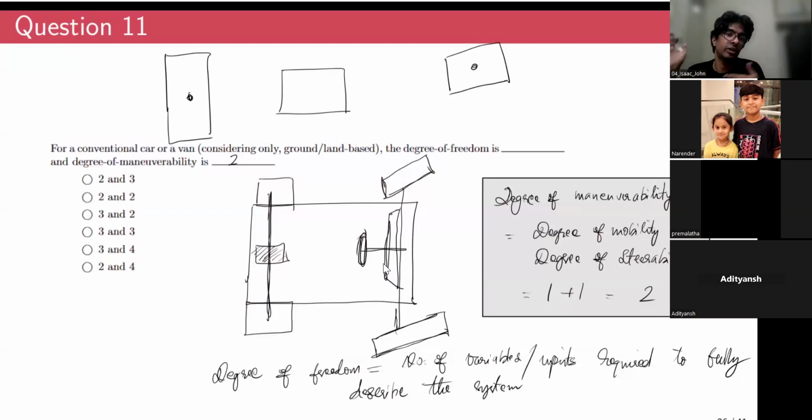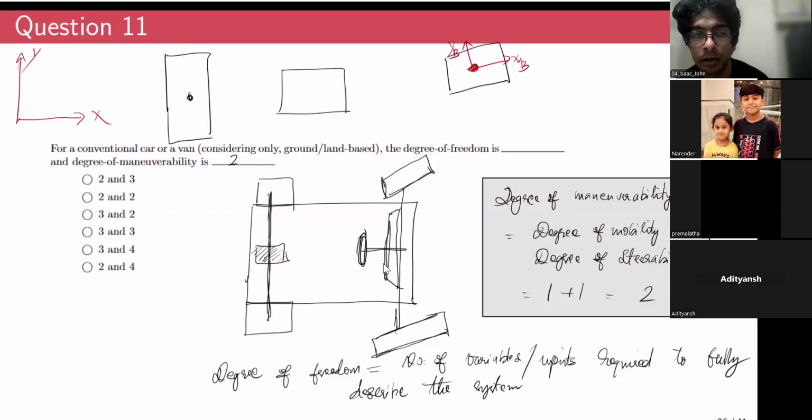So to define a state of a car at any instant, how many inputs do you require? You can consider a global frame here, a fixed frame, if I call this X, and this Y. So to describe this state, if this is the frame of reference of the car, what are the two variables?